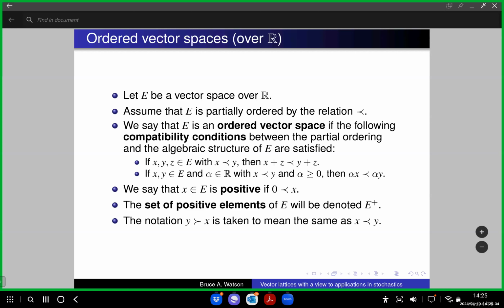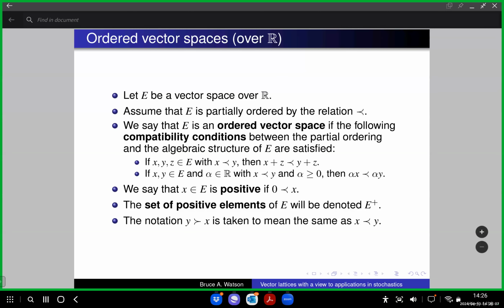So if alpha is greater than or equal to 0 and X is a predecessor of Y, then alpha X has to be a predecessor of alpha Y. This reminds us of elementary inequalities where you have that X is less than or equal to Y, and you need to be able to multiply both sides by non-negative real numbers and retain that inequality. We require that compatibility structure here.